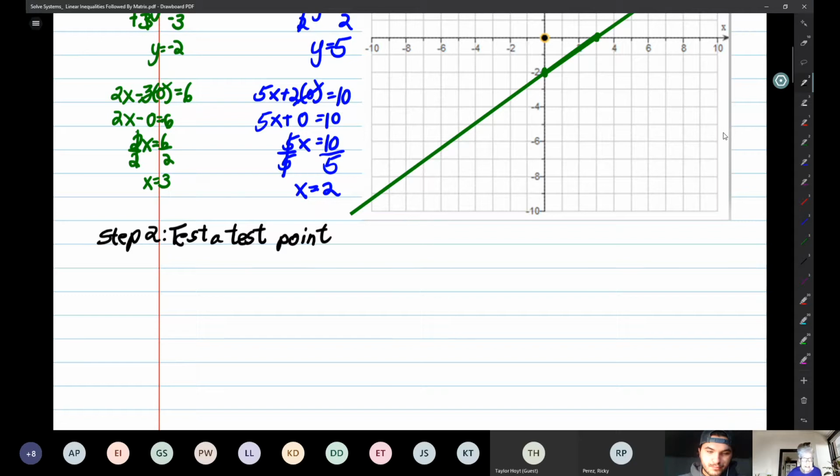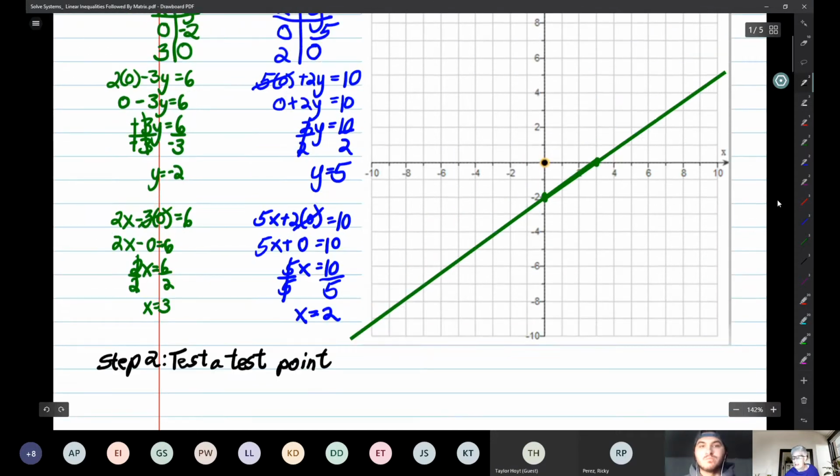Okay, so we're going to test a test point. Now, a test point is any point on the grid that's not on the line. I can choose any point anywhere, as long as it's not on the line. But the easiest point, when you can get away with it, is 0, 0. So I am going to choose 0, 0 for my test point.